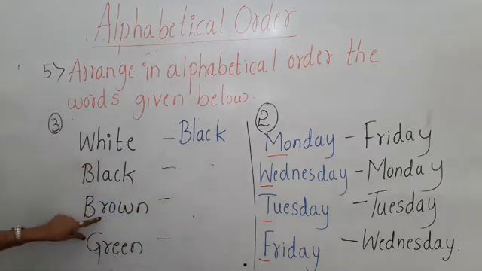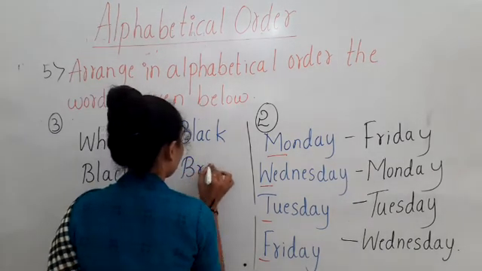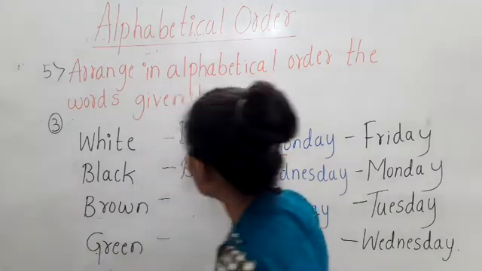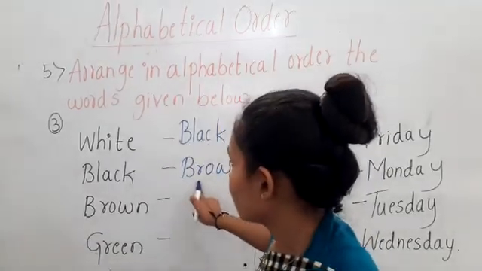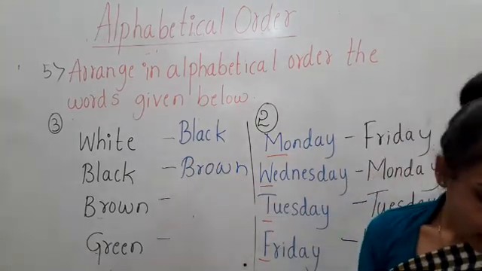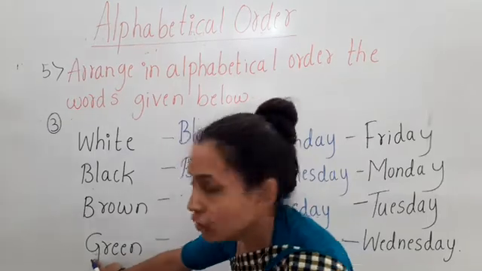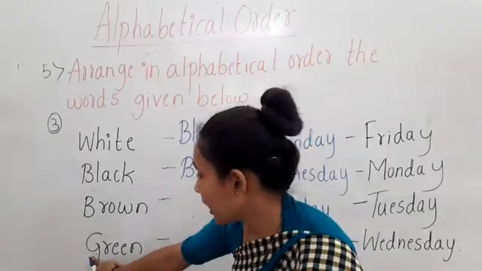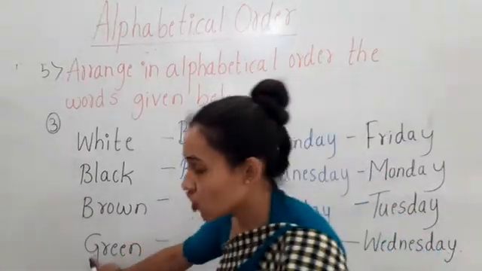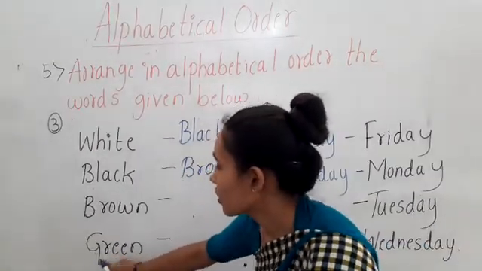After black, children, brown. So after L, R. Okay children. After L we have to write R. Then after R what we have to take? G. Green. Okay children, here again we have GR.